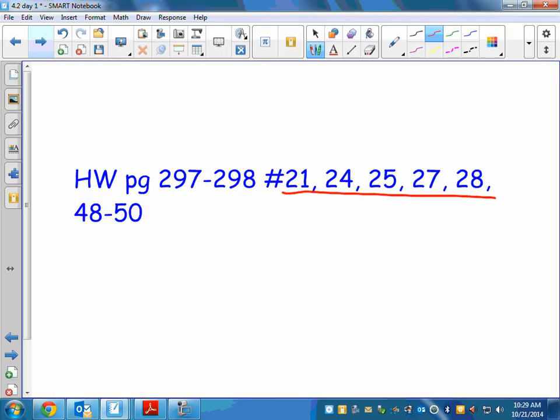I do have graph paper if you want it. I think some of these have weird numbers on them, so you might have to label your y-axis differently. I think I need to make some copies of the graph paper. Oops, I didn't get the awesome graph paper.